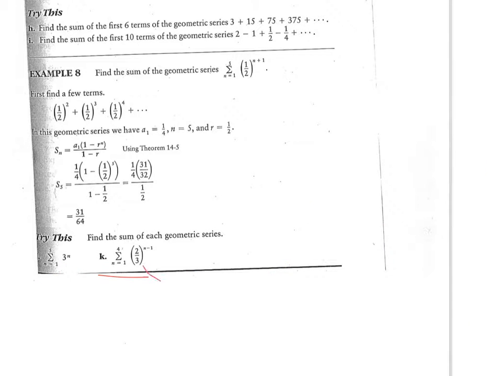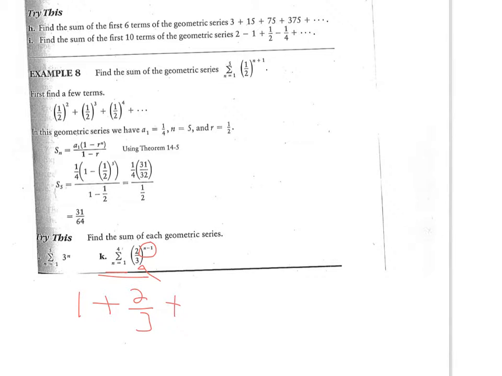So I'm thinking the common ratio is going to be 2/3, but if I didn't recognize that, let's generate a couple of terms. So n equals 1, 1 minus 1 is 0, 2/3 to the 0 is 1. The next term, I'm going to do this as a plus sign since it is a series. And then if n equals 2, 2 minus 1 is 1, 2/3 to the first power is 2/3.